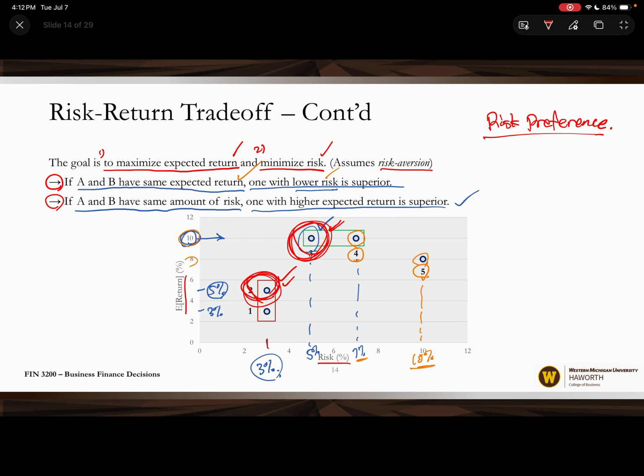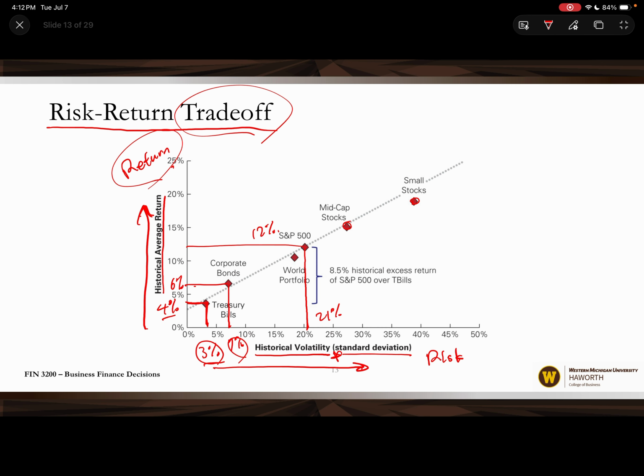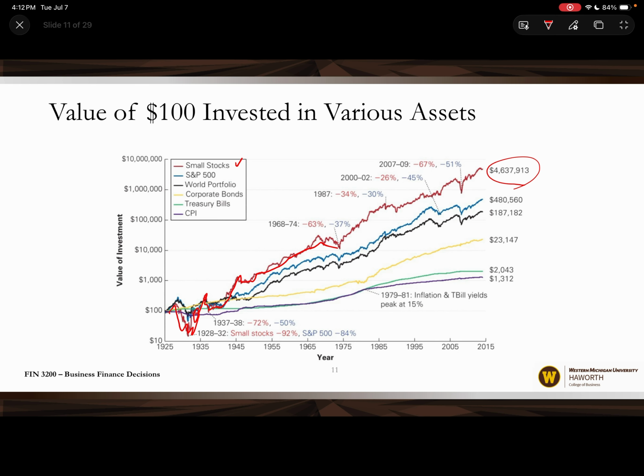So if we go back to the figure here, you can see small stocks and the S&P 500, we have the red line and the blue line, right? Some people don't like this much volatility.